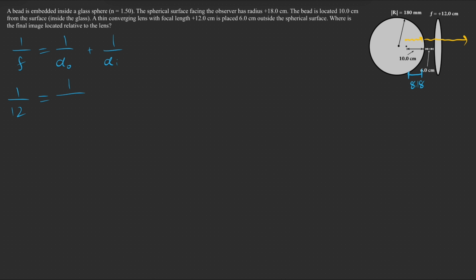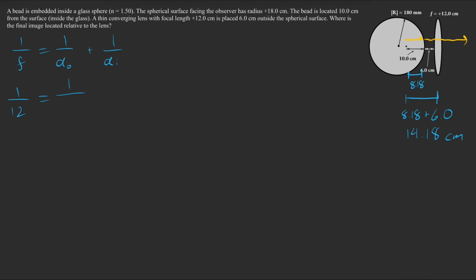Well, in our case, what is dO? dO is how far the image is from the lens. So we know that the image caused by the first surface is 8.18 centimeters to the left of the refracting surface, which means that image is a total distance of 8.18 plus 6 centimeters away from the lens, which is 14.18 centimeters.